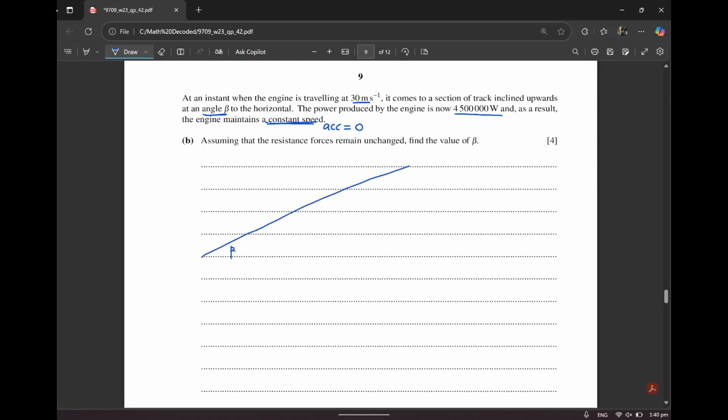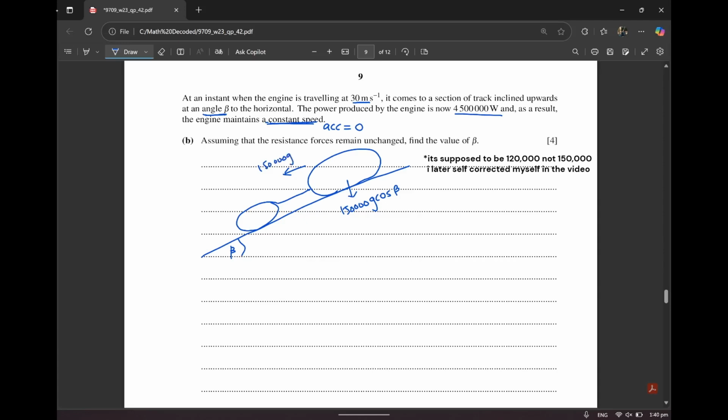The angle over here is now beta, and this is your engine. It's connected to your trailer. The mass was, I guess, 150,000 into G cos beta and 150,000 G sin beta.